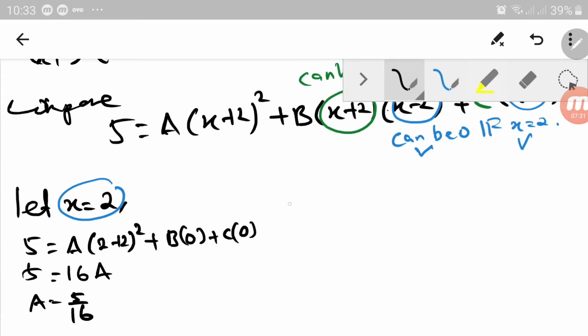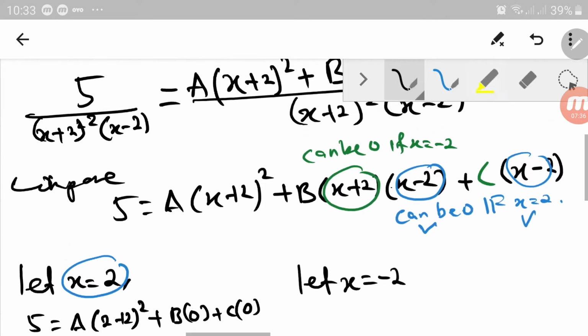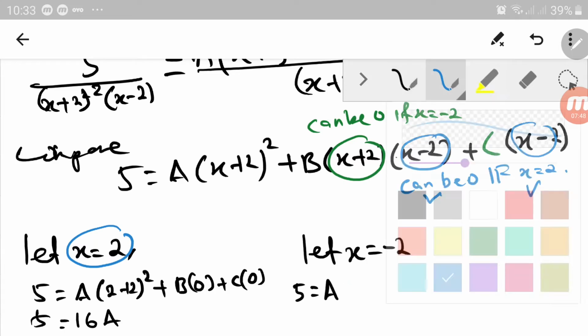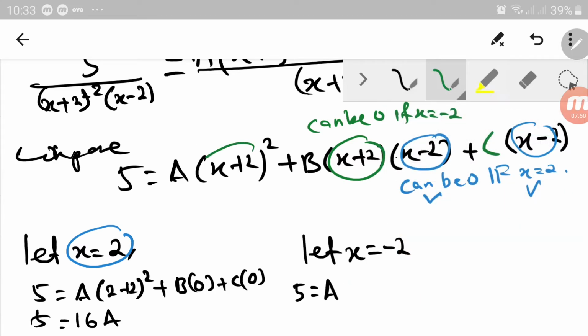Okay, settle. So we proceed, let x equals minus 2. If it's minus 2, then 5 equals a times 0, this one also 0, this one also 0, this one also can be 0.